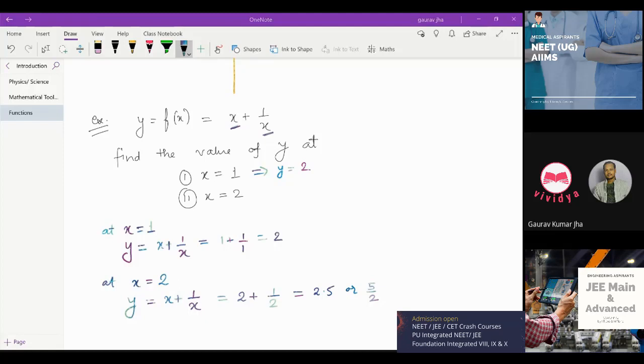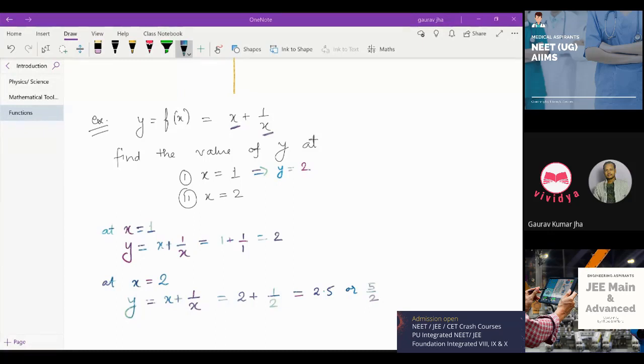Now, can you tell me a value? Just a bonus question. I don't require that in physics, but just to ignite the thought. Can you tell me which value must not have been in the domain of the function? Domain of the function means all the possible values of x that you can take for this function. So what will be the domain of this function?